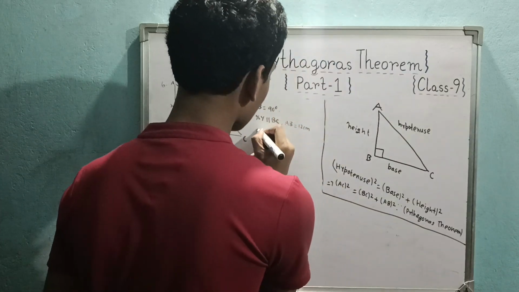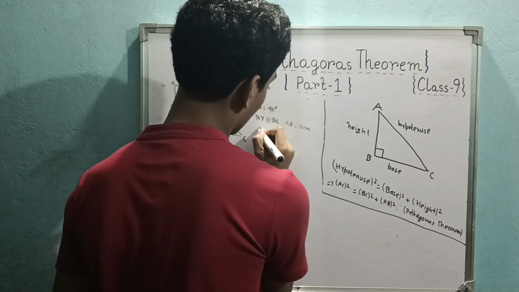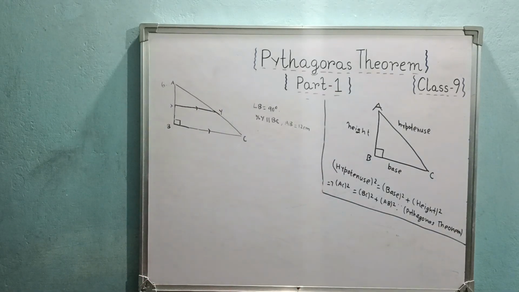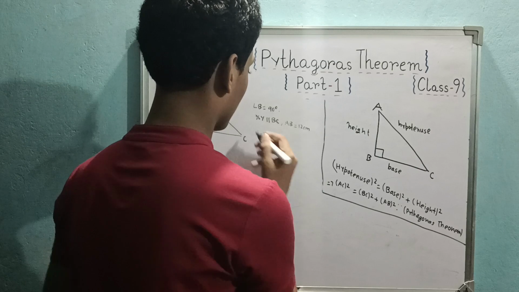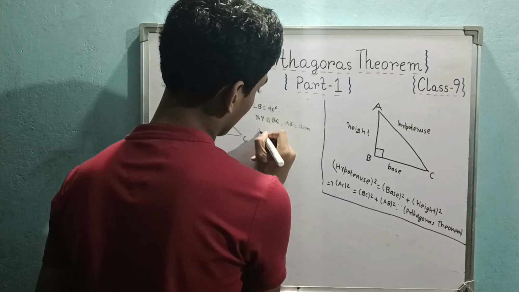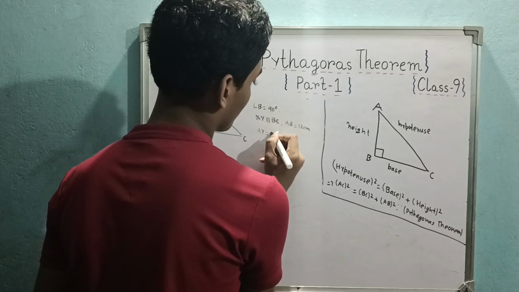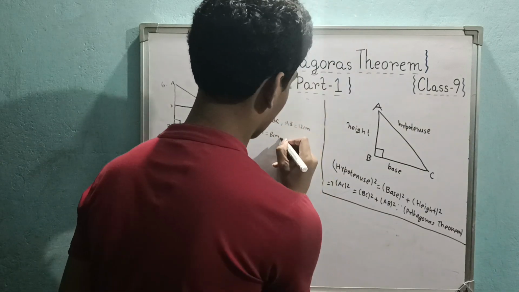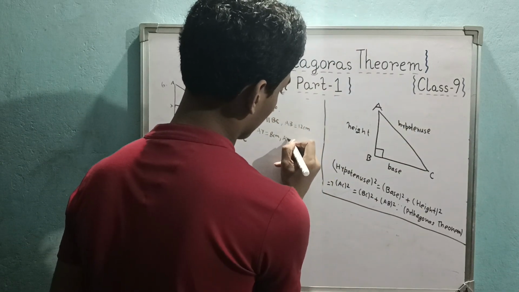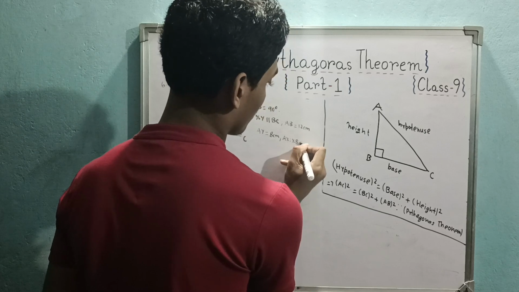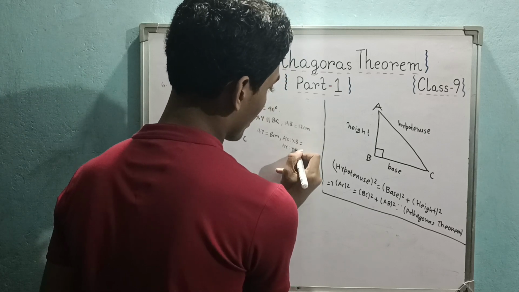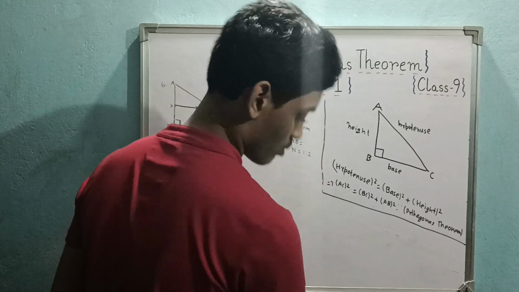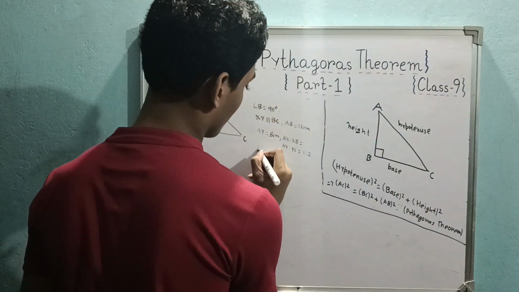AY equal to 8 centimeter. AX is to XB equal to AY is to YC equal to 1 is to 2. Find AC and BC.